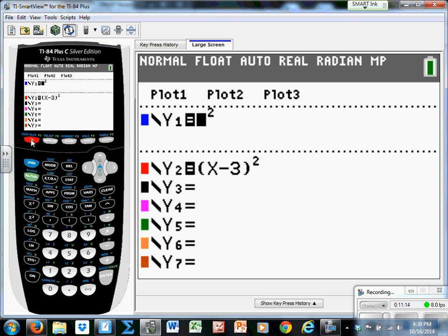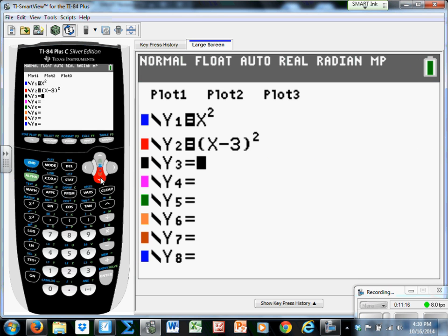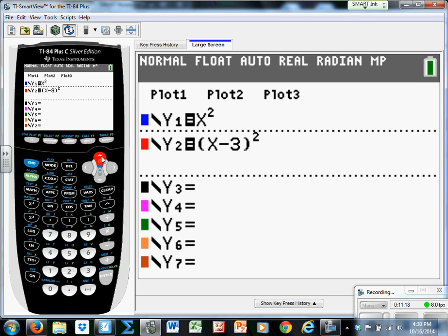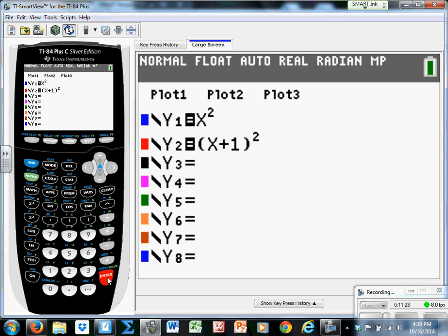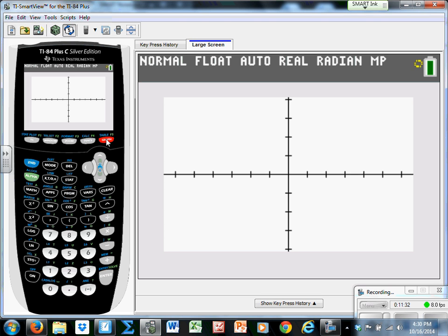Okay, let's do kind of like what we did before. We did x squared plus 1. Well, I'm going to do x just plus 1. Okay, notice that this is on the inside now. So where do you think it's going to go with the new information you had before? So the vertex of the parent function is at 0, 0.